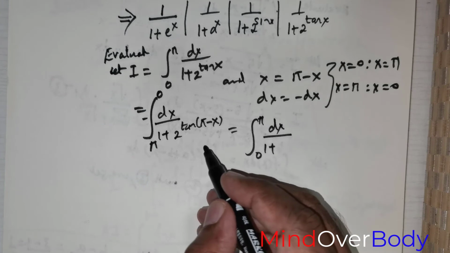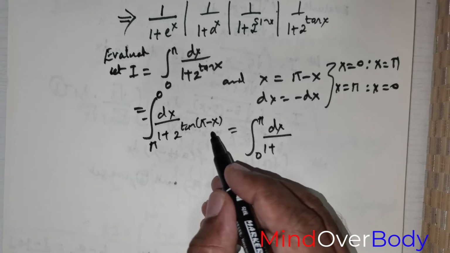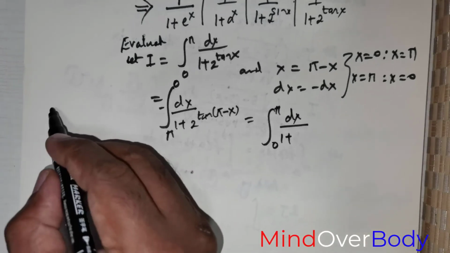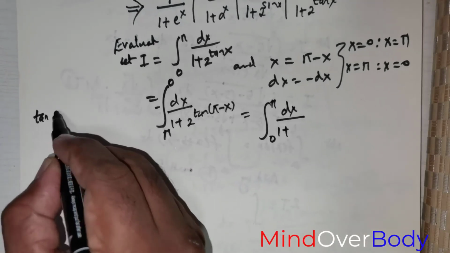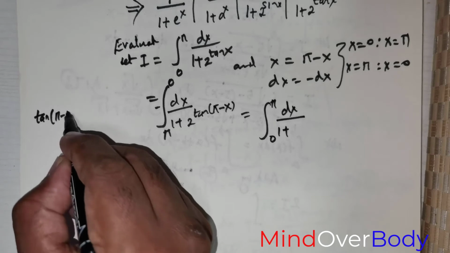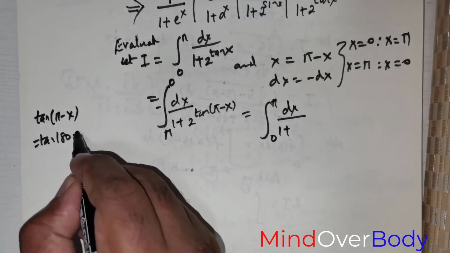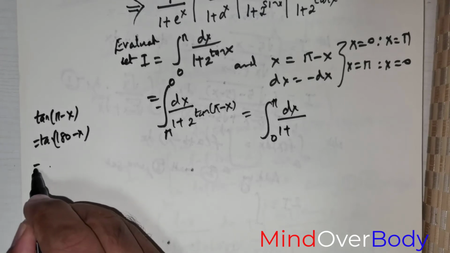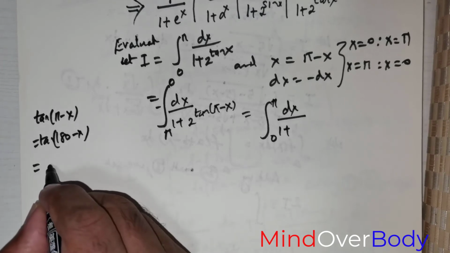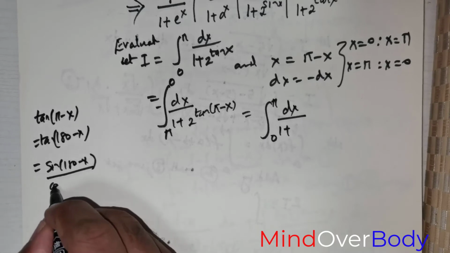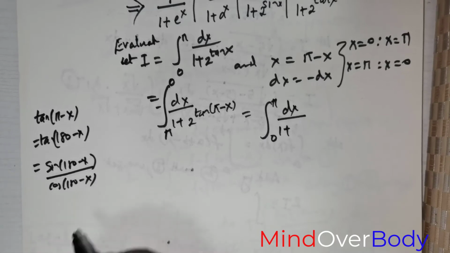Now tan of pi minus x, so what is that? Let us check that out. So let me write that down. Tan of pi minus x is nothing but tan of 180 minus x. Now tan of 180 minus x is nothing but sine of 180 minus x divided by cos of 180 minus x.